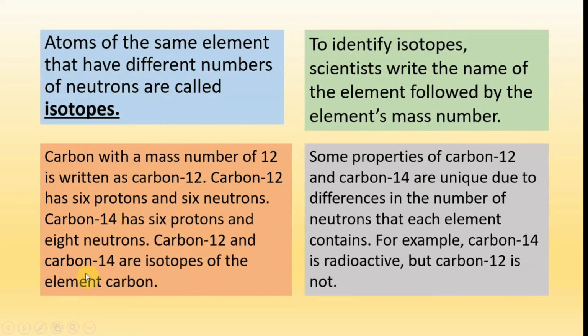Carbon 12 and carbon 14 are isotopes of the element carbon. Some properties of carbon 12 and carbon 14 are unique due to difference in the number of neutrons that each element contains. For example, carbon 14 is radioactive, but carbon 12 is not.